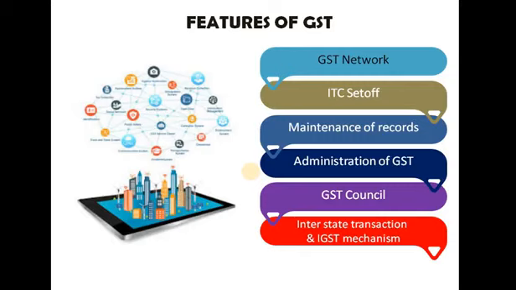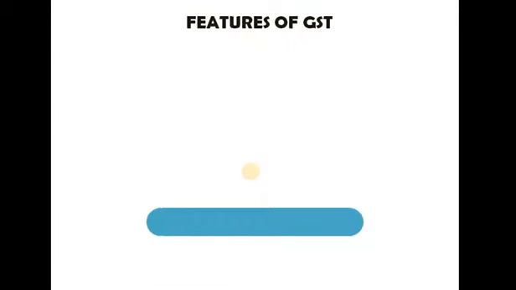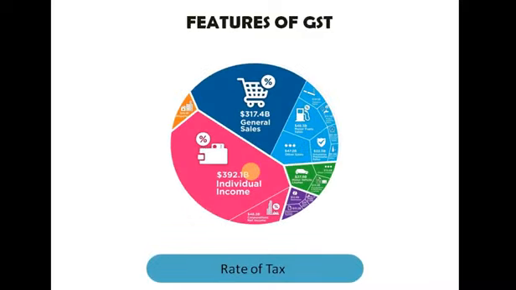As I told, if any transaction takes place between two different states, then integrated GST, IGST, will be applicable, so that both the states benefit. This has been implemented so that there is no confusion between the states, and the revenue collected by each state will be utilized for the development of that particular state.